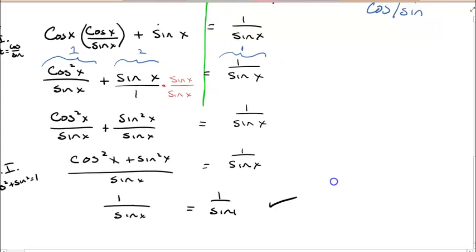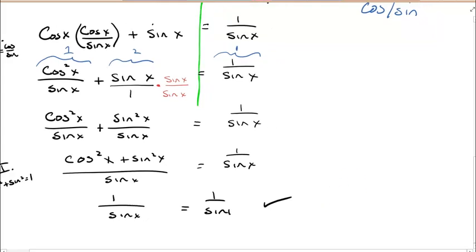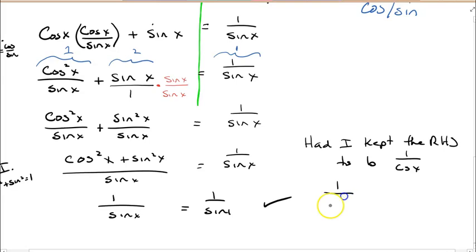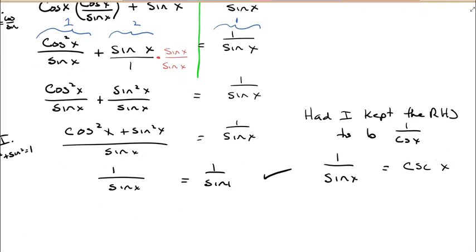Done. Now, I do want to point this out. Had I kept the right-hand side to be 1 over cosecant x, it would look like this. You can't check that off yet. You would still need to manipulate either the left-hand side or the right-hand side, and I don't care whether you change 1 over sine x to cosecant x or cosecant to 1 over sine.